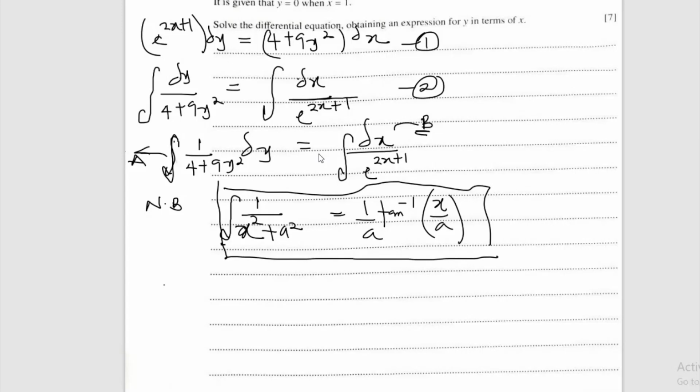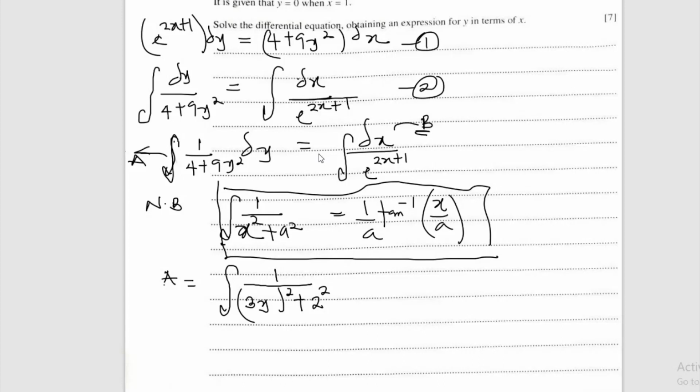But my expression, the one I represented as A, I can write as 4 plus 9y squared, the same thing as 9y squared plus 4. And 9y squared can be written as (3y) all squared plus 2 squared. In this case, 3y is in the position of x, and 2 is in the position of the constant a.